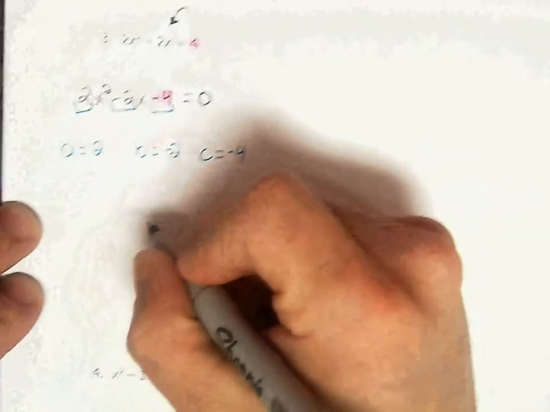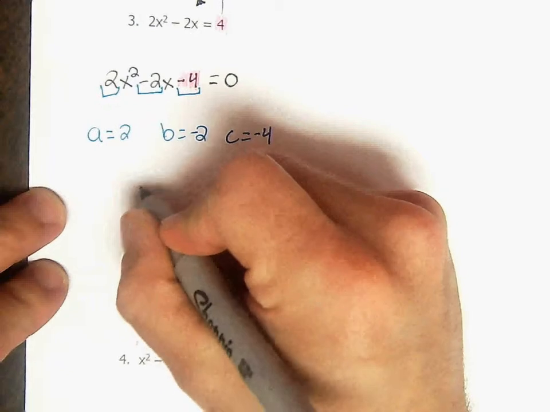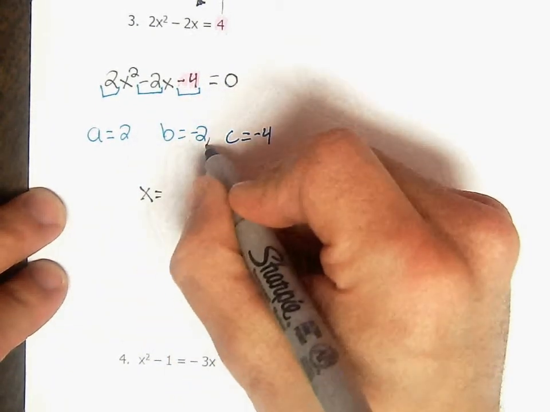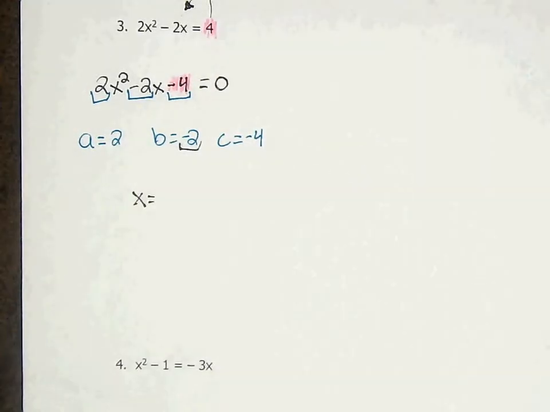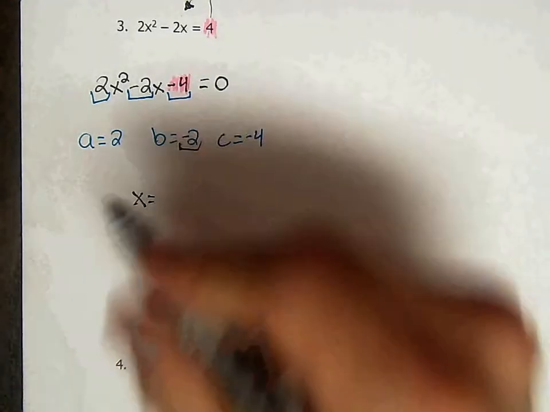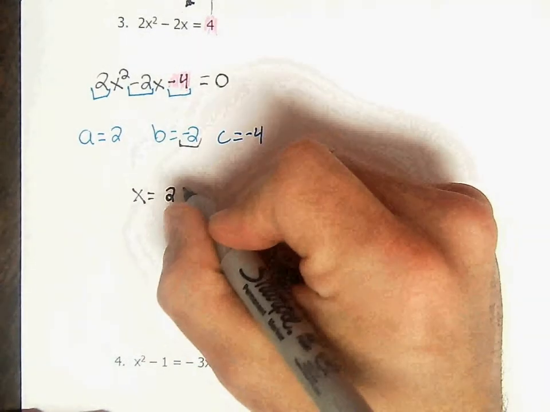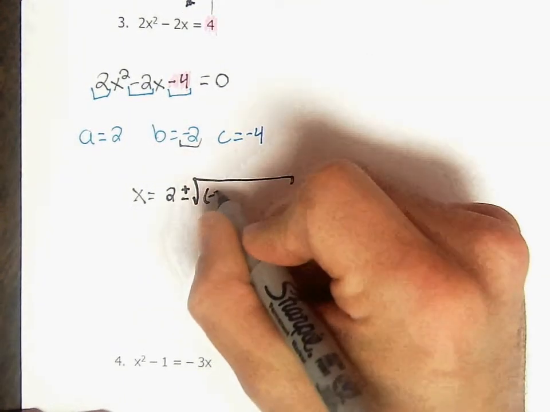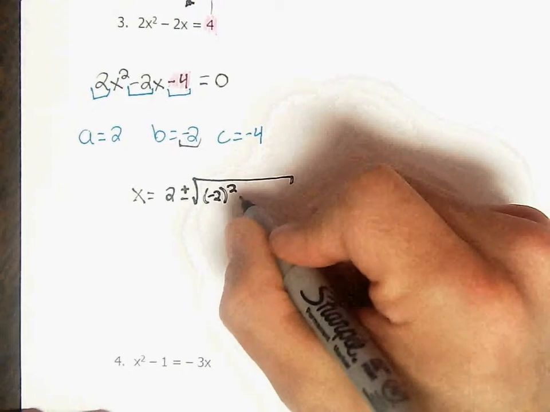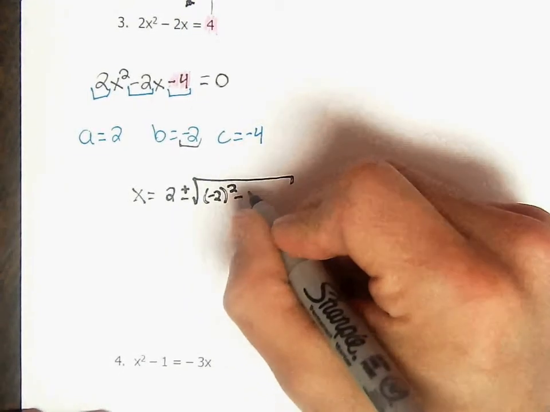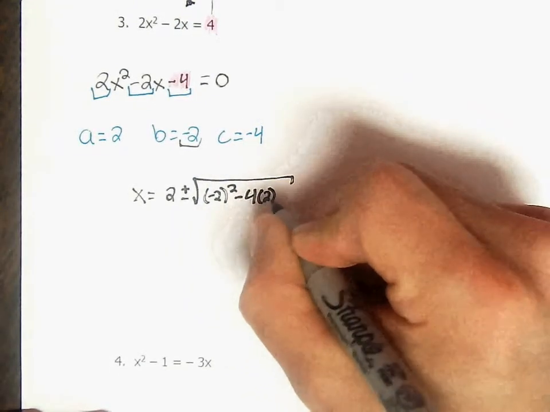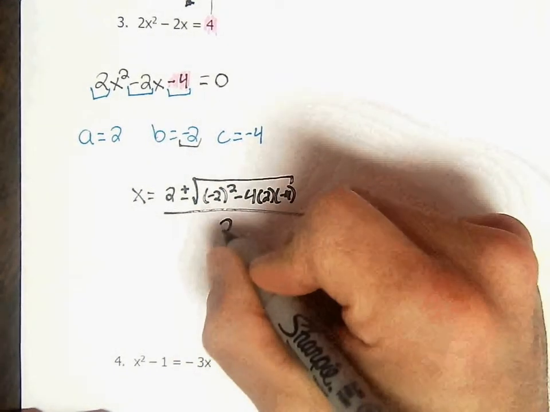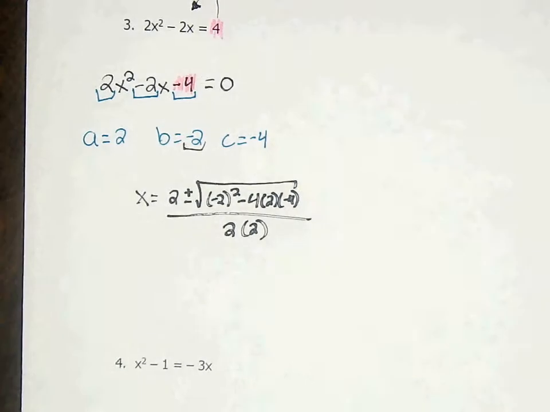So I'm going to write x equals the opposite of b. Well, b's negative 2, so the opposite of negative 2 would be positive 2. So x equals 2 plus or minus the square root of b squared, so negative 2 squared, minus 4 times a times c, all over 2 times a. Okay?